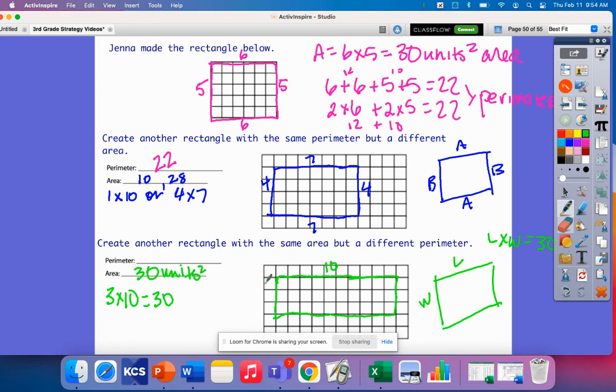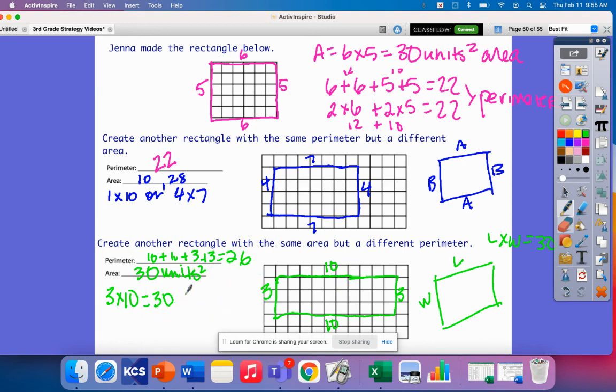So a 10 by 3, that'd be 10 here and 10 here. So a 10 by 3 would be 30, but the perimeter would be 10 plus 10 plus 3 plus 3, which would be 26. So that would give me the same area but a different perimeter.